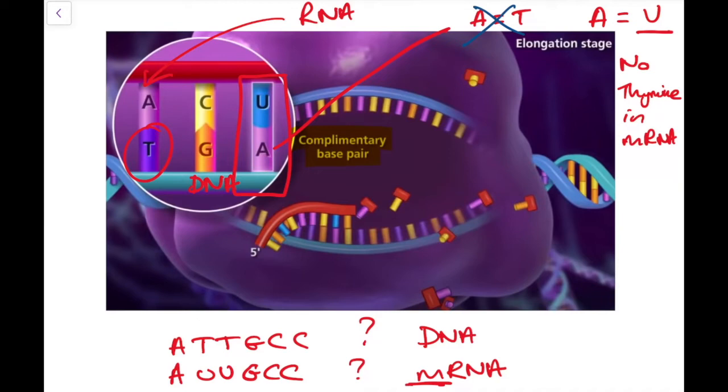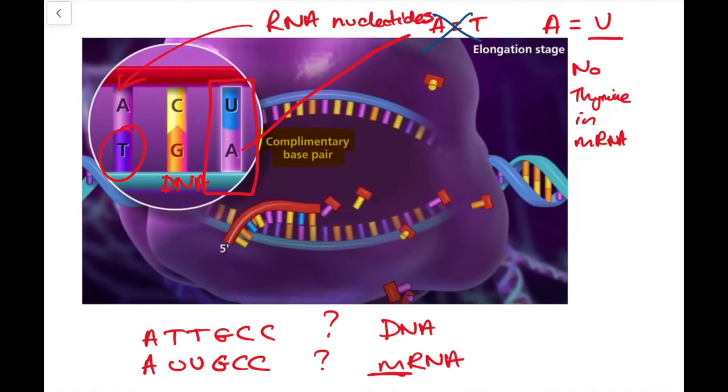So according to complementary base pairing, it starts to add in RNA nucleotides. And what's creating that bond in the middle? It's the same as in DNA.